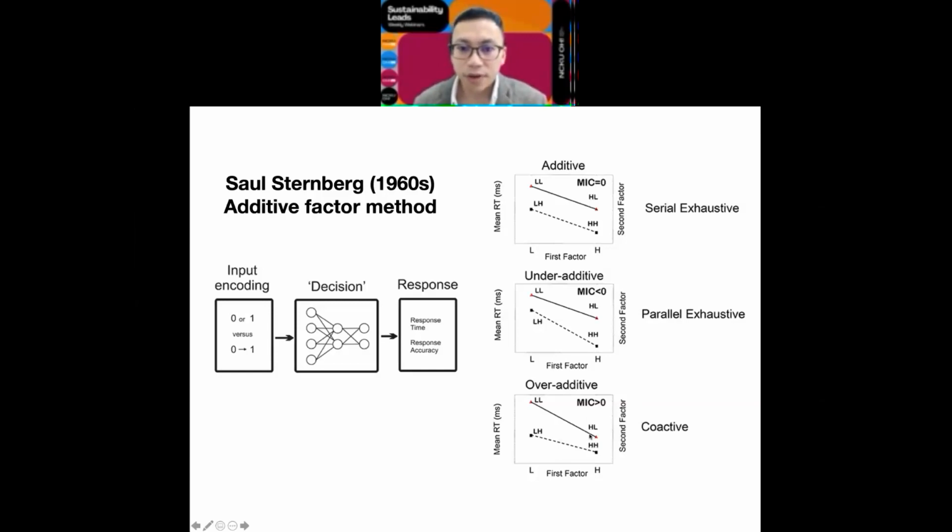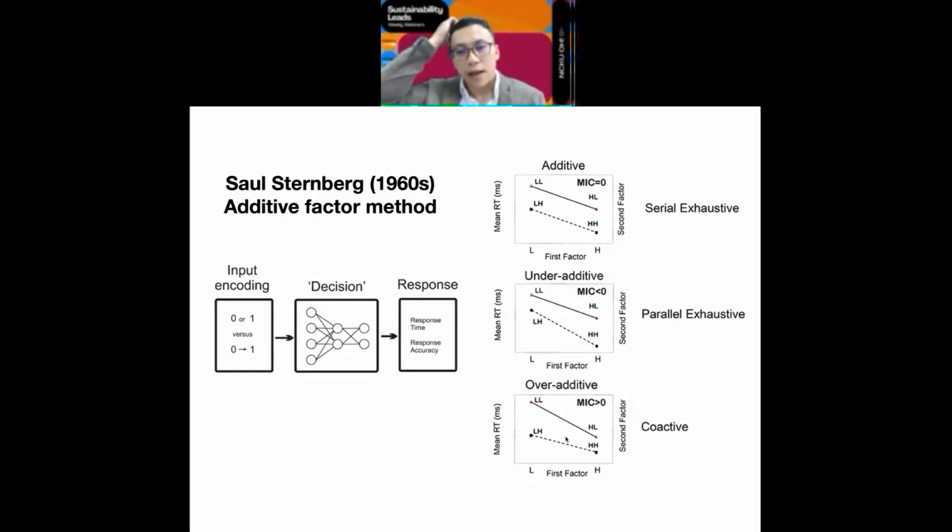And for the final case, if you observe that the two factors have an over-additive effect here, there is not a parallel line, there is an interaction between the two factors, then we can infer the system is a coactive system or a parallel self-terminating system.